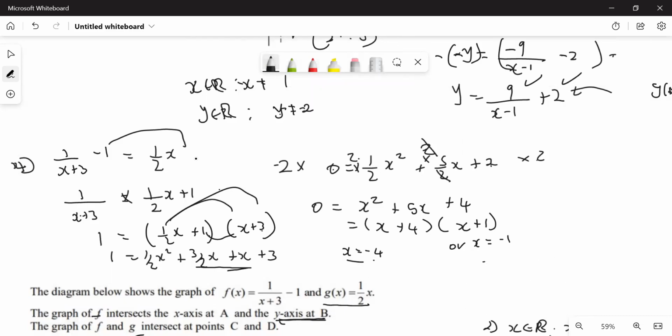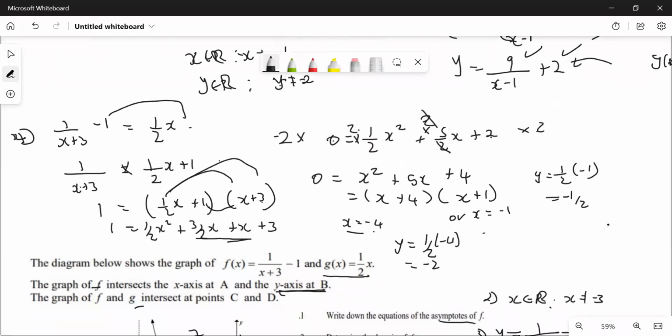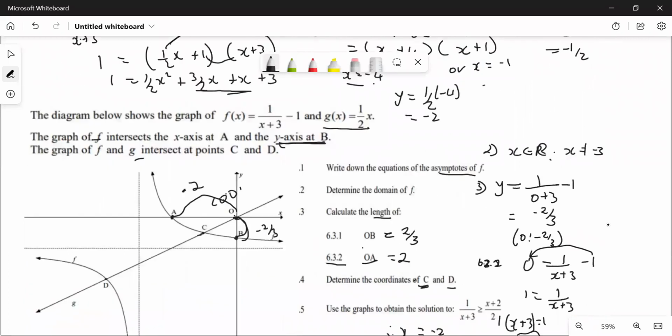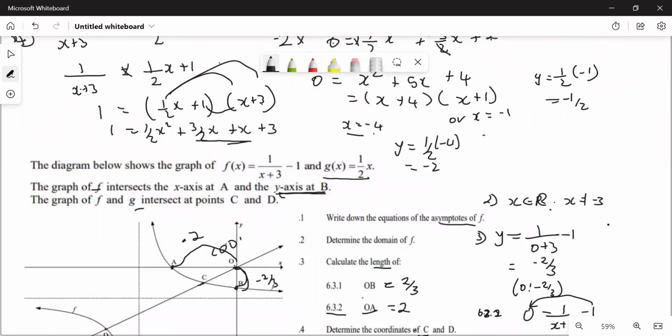We take minus 4 and then we substitute it here again. And then we are going to have y, which is going to be 1 all over 2 multiplied by minus 4. And then if you type this, it gives you minus 2 again. And then the other one, you are going to have y, which is going to be 1 all over 2 multiplied by minus 1, which gives you minus 1 over 2. Now we need to come and decide which one is D, which one is C. Which one should be C?